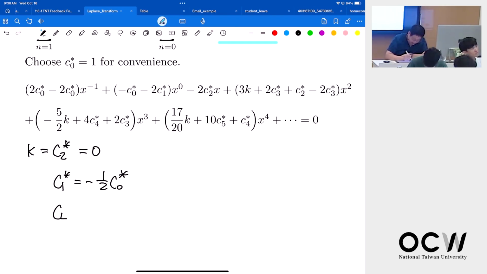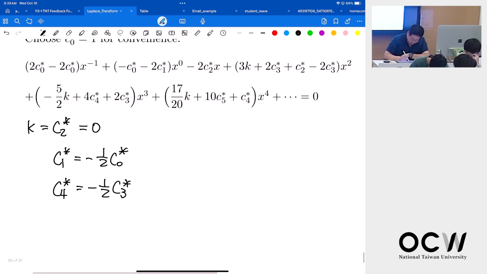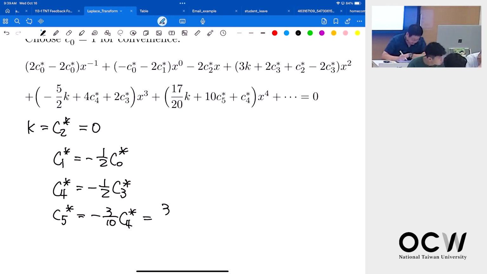And c4 star is minus 1/2 c3 star, and c5 star will be minus 3/10 c4 star, and that's 3/20 c3 star.